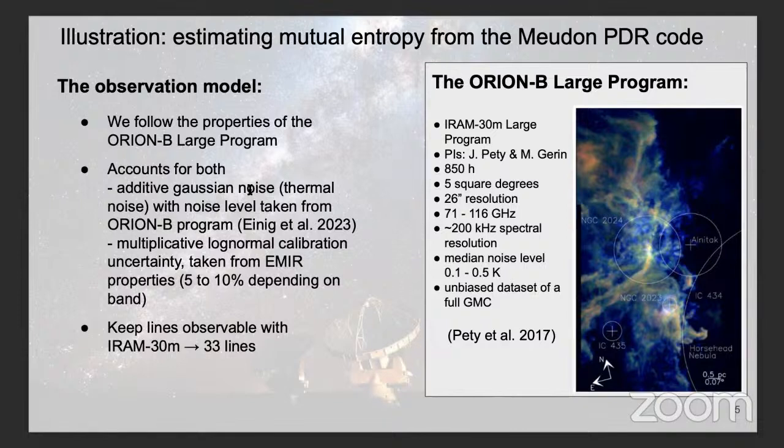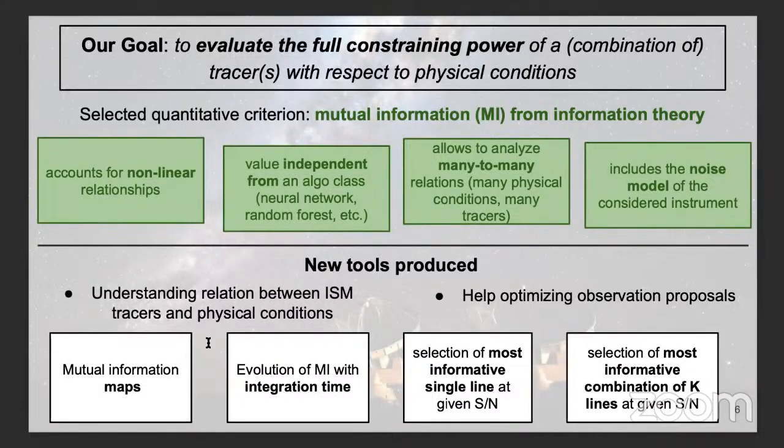And so we adopted an additive Gaussian noise representing thermal noise with the same properties as in this data set, as well as a multiplicative log-normal calibration uncertainty corresponding to the properties of the EMIR receiver. And we keep the lines that would be observable in this setting, so roughly 33 molecular lines. So let's see what we can do with applying our mutual information tool to this setting.